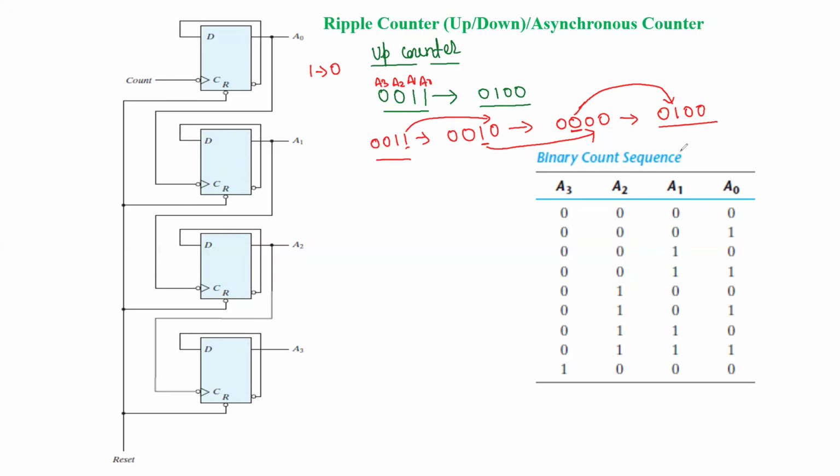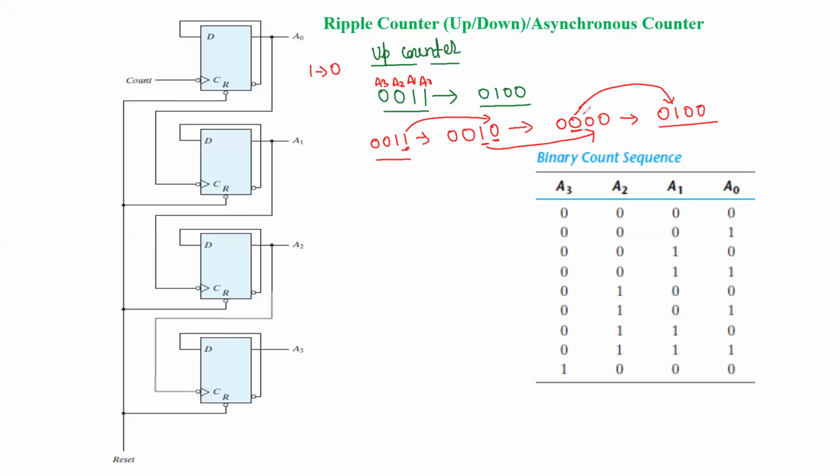Whenever it changes from 1 to 0, only then can it complement the next bit. Like here, it has changed from 1 to 0, that's why it has the capability to complement the next bit. So the next bit A1 is complemented to 0. Again, it has changed from 1 to 0, so again it has the capability to complement the next bit. So A2 is also complemented.